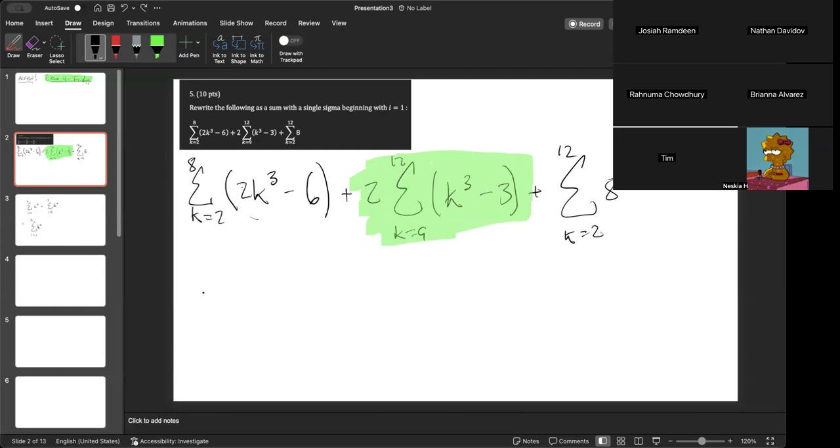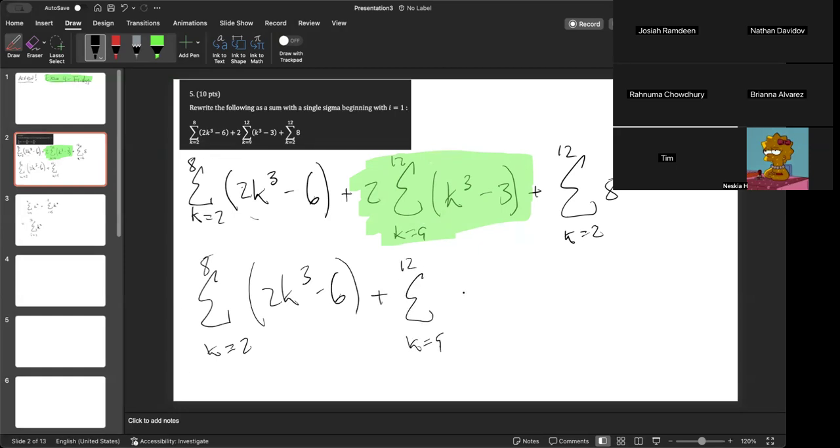So since this is a sum, I can distribute this into here. This becomes the sum from k equals 9 to 12 of 2k cubed minus 6. And look, these two are now the same term, just with different limits.